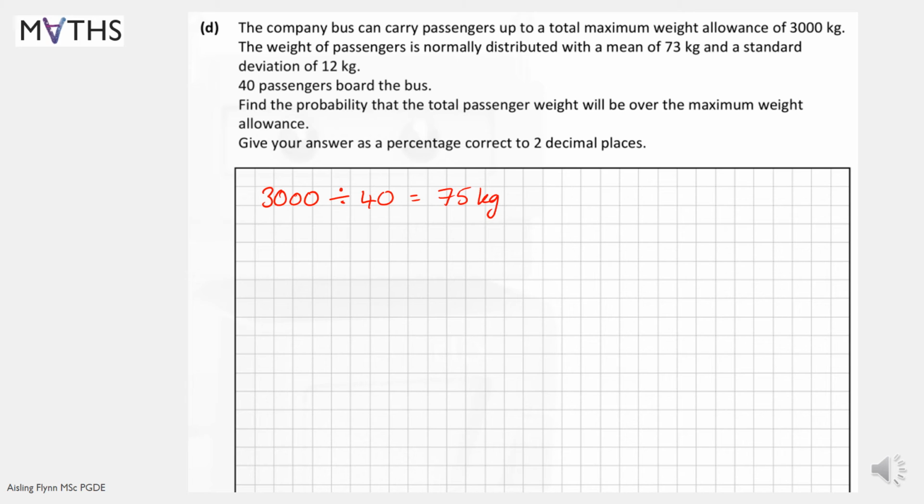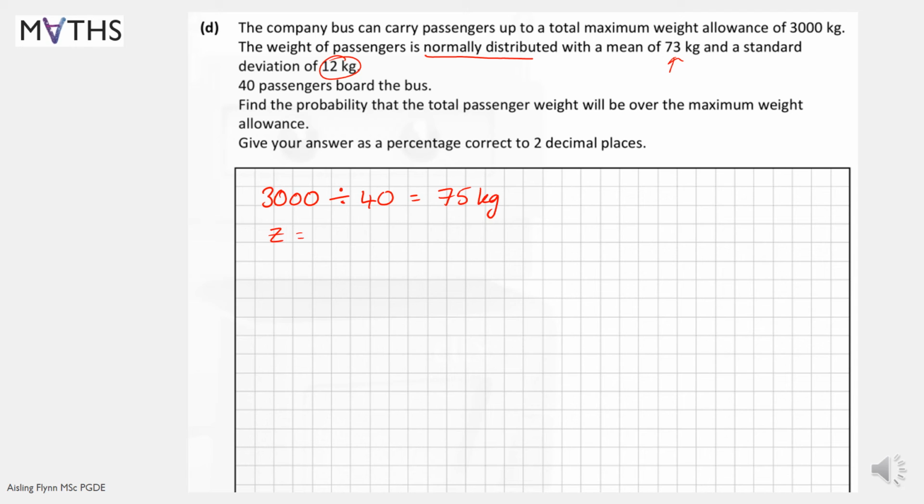So we can use our normal distribution, because that was mentioned. Normally distributed. We have our mean here, and we have a standard deviation, and we can use Z scores to see what portion of the distribution will be over 75 kgs. So let's find the Z score of a 75 kg passenger.